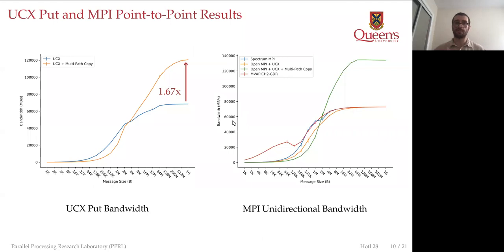But as deep learning uses large messages, we saw this to be promising. And then for MPI unidirectional bandwidth, we got 1.84 times speed up. And you can see we beat every single other MPI implementation. And the reason is those other MPI implementations only use that single path when transferring between GPUs on the same socket.